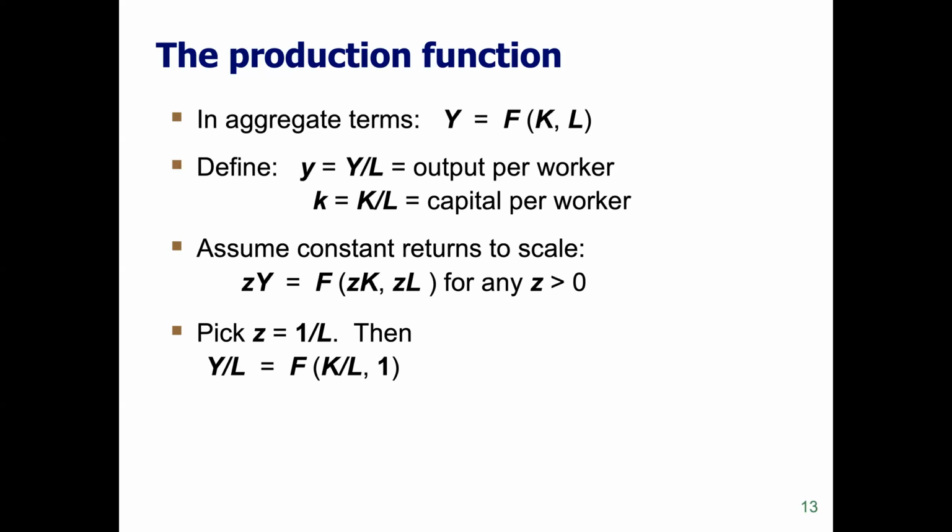So we get output per worker is a function of capital per worker and 1, but 1 isn't going anywhere. So we'll use the little f to leave out the 1. Output per worker, little y, is equal to function little f of capital per worker.